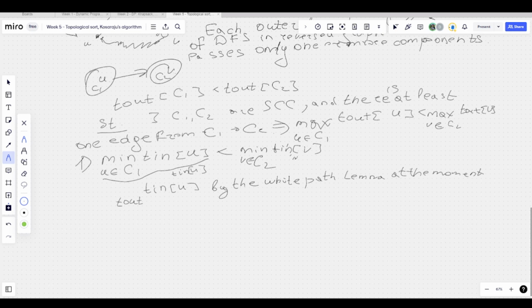It means this vertex will be gray at some moment, and this vertex will be white.